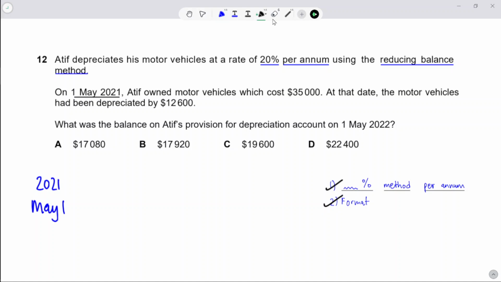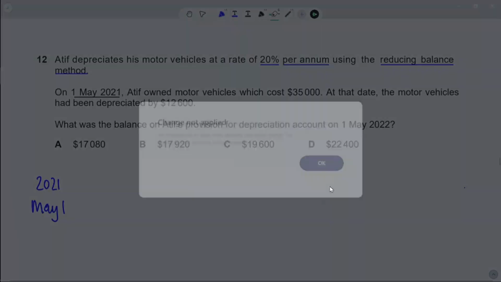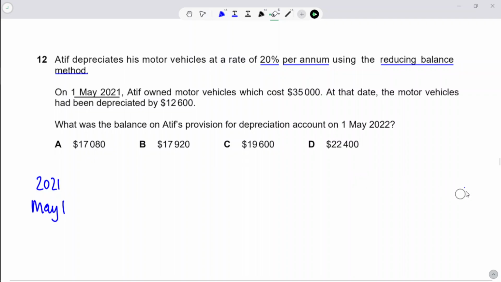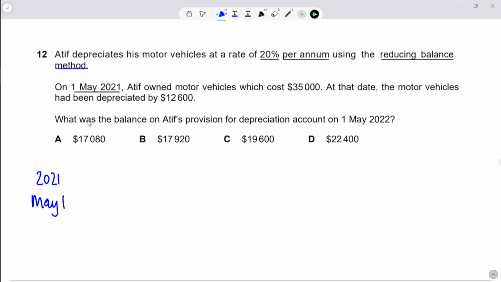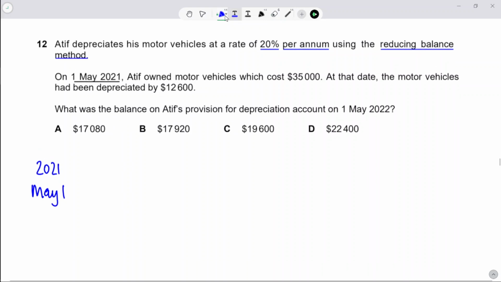I'm gonna remove this. I say the... and had been depreciated.